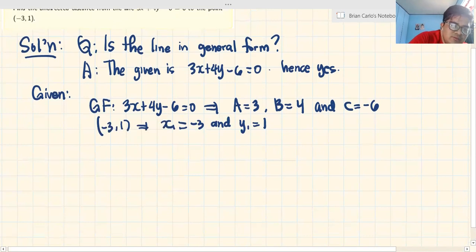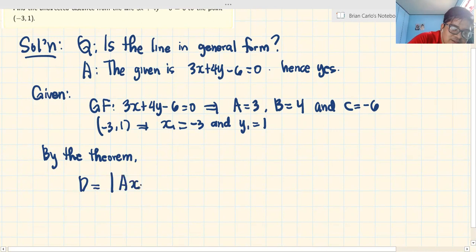Ngayon, by the theorem, anong gagawin natin? Isulat muna natin yung theorem. D is the distance between the line and the point, yun yung ibig sabihin ng D na yan, is the absolute value of ax1 + by1 + c all over the square root of a squared plus b squared.